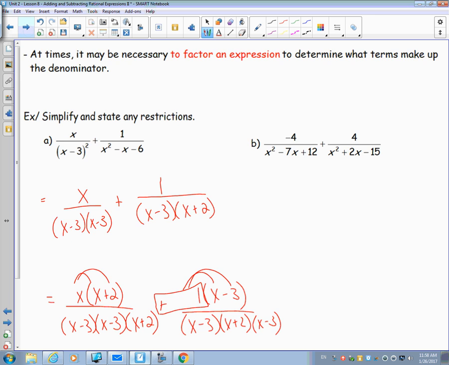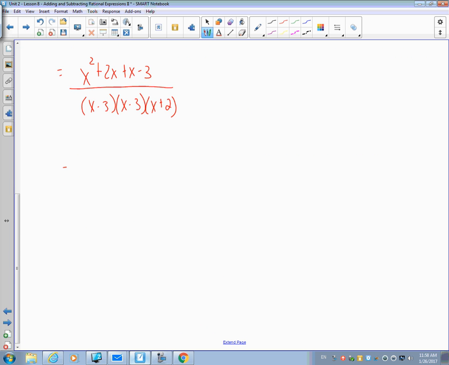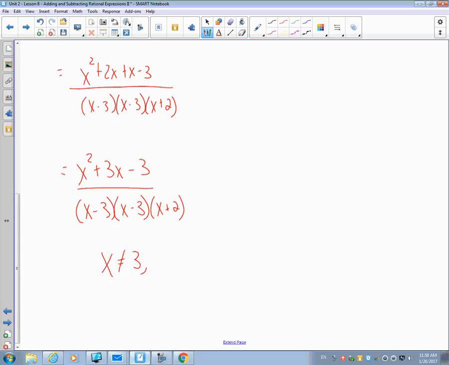Oops, sorry, I managed to change pages there. And if I do that, we'll end up with x squared plus 3x minus 3 all over x minus 3, x minus 3, and x plus 2. The top cannot be simplified. It can't be factored. So as far as we can go, our restrictions are 3 and negative 2.